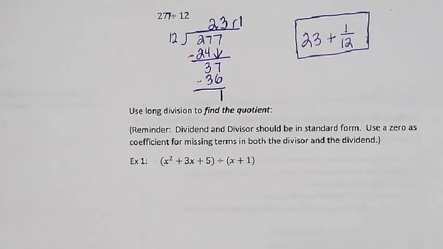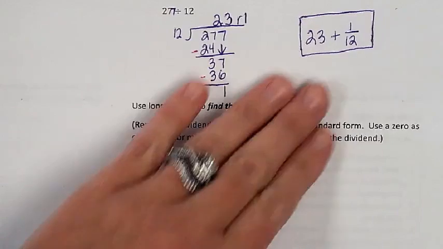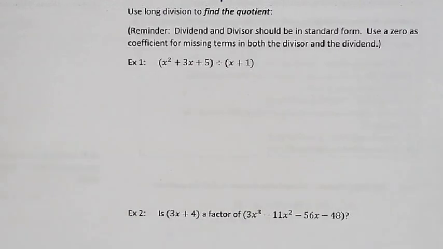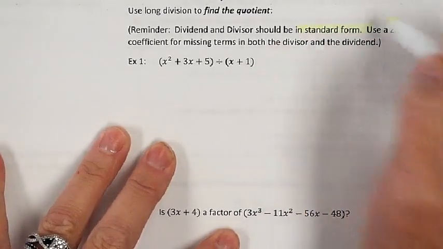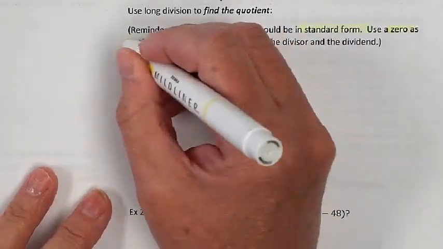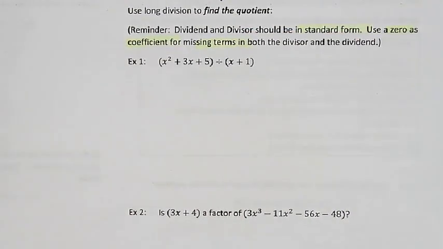Alright, so now we're going to do long division, same process but with polynomials. Reminder, when we are dividing with polynomials, your dividend and divisor should be in standard form, so greatest to least exponent. And if we're missing any exponents, we use 0 as a coefficient for the missing terms in the divisor or the dividend.